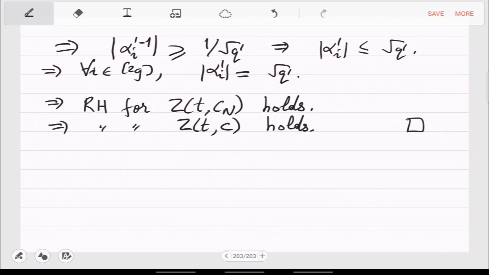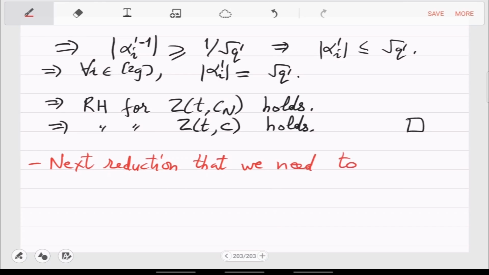So the next reduction that we need is to make the cover Galois. Every smooth projective curve we have seen can be seen as a cover of the projective line.